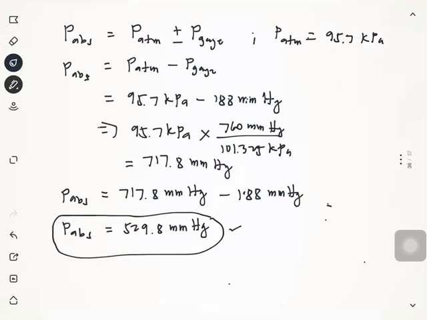This is 529.8 millimeters of mercury. So that is our answer for our sample problem.